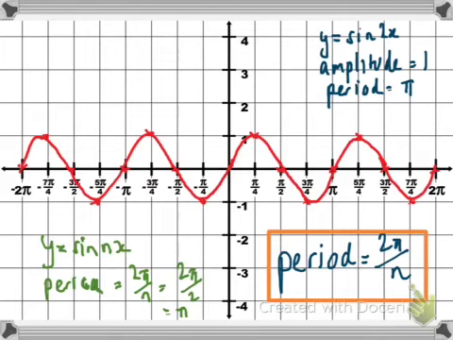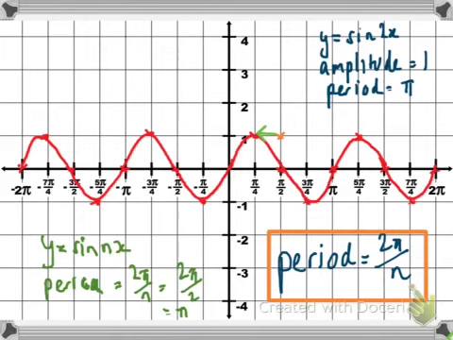What's our dilation factor here? Well, you remember that with the original graph, our maximum here was pi on 2. So it's actually been dilated back to the y-axis like that.